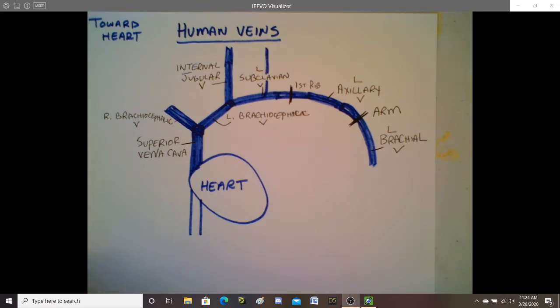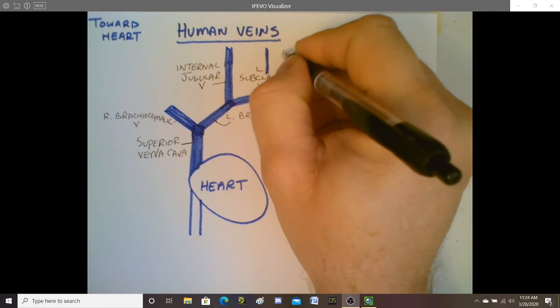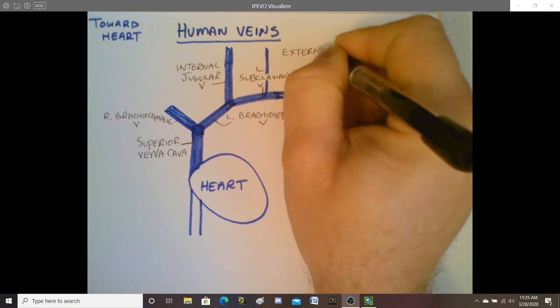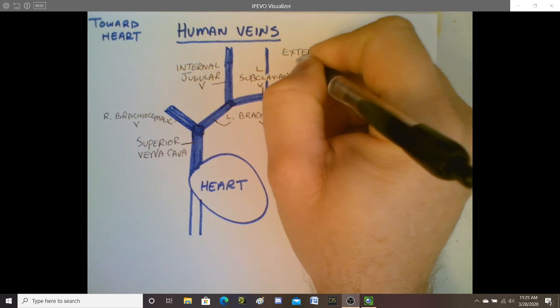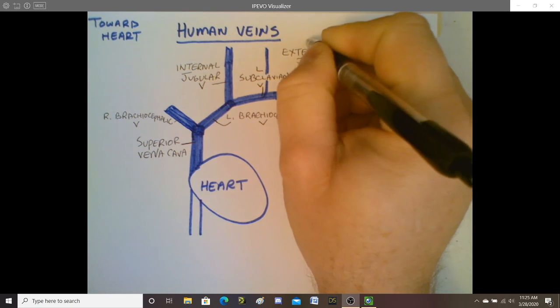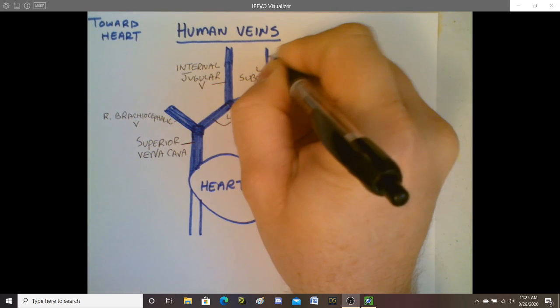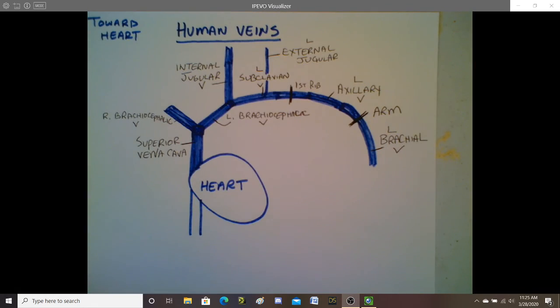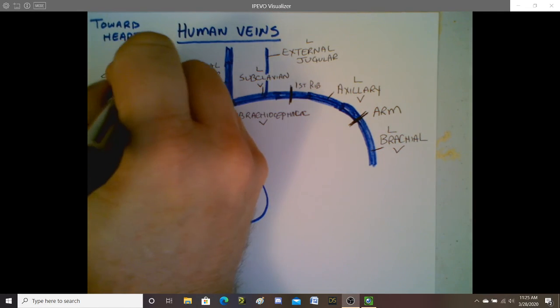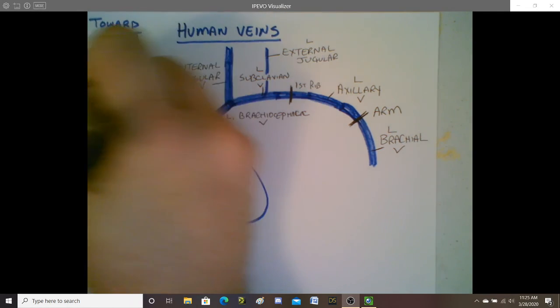That guy coming up like that is going to be our external jugular. External jugular. And it's on the left side. So that's this guy. Okay, now the right side is the same. So I'm just going to write same. But it's the right.